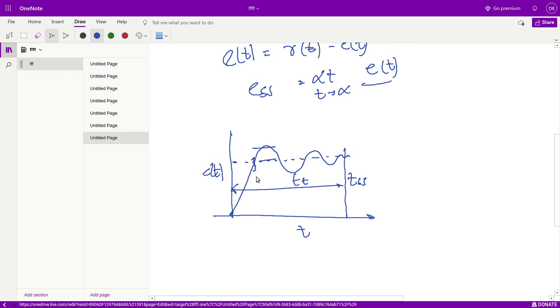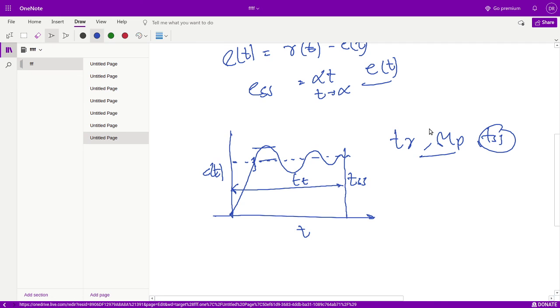The calculation of these parameters, rise time, peak overshoot M_p and settling time t_ss, is very important for analyzing the second order system. If we change the damping factor zeta, then how it relates to t_r, M_p and t_s. These depend on zeta, and the zeta value depends on the system parameters like C and R constants. If we change the system parameters C and R, then the output response changes automatically.